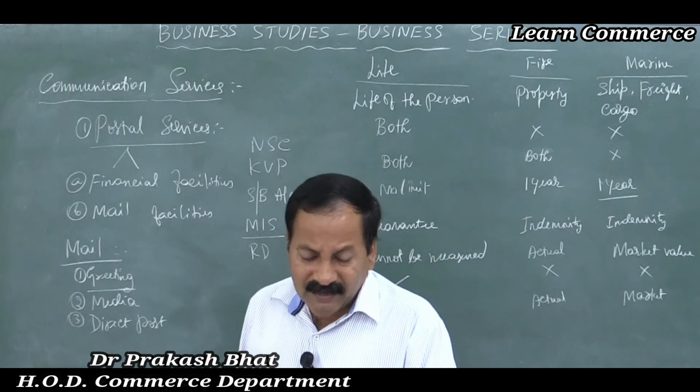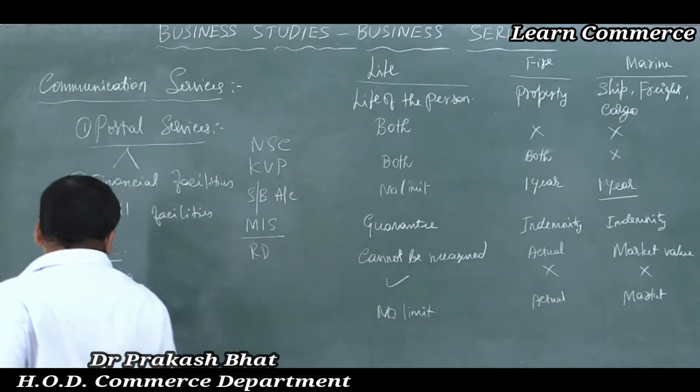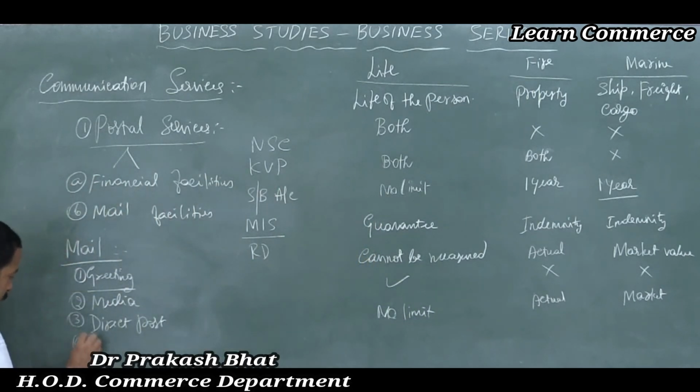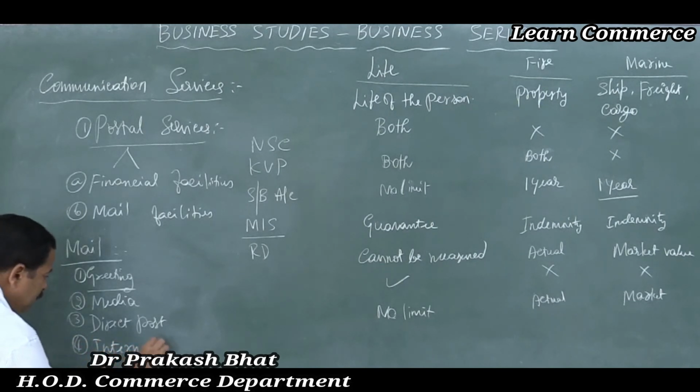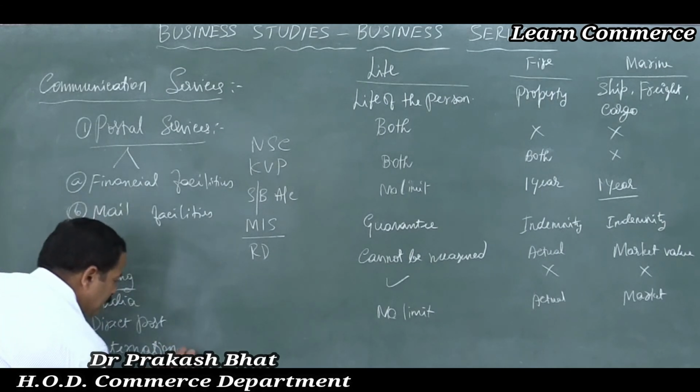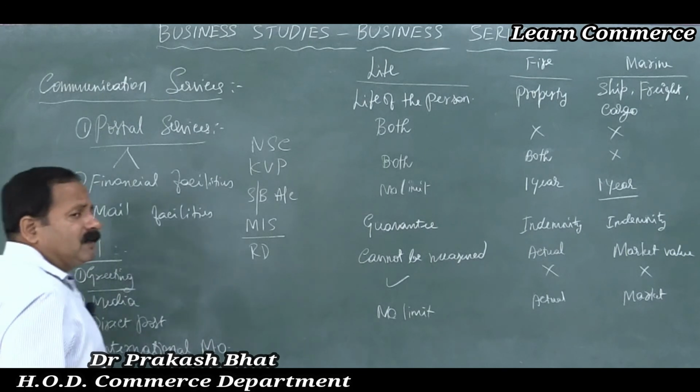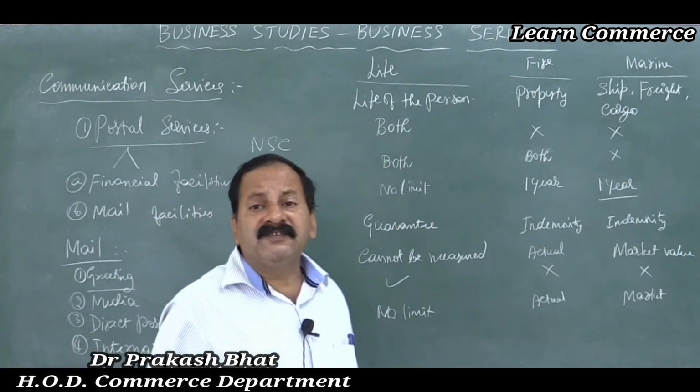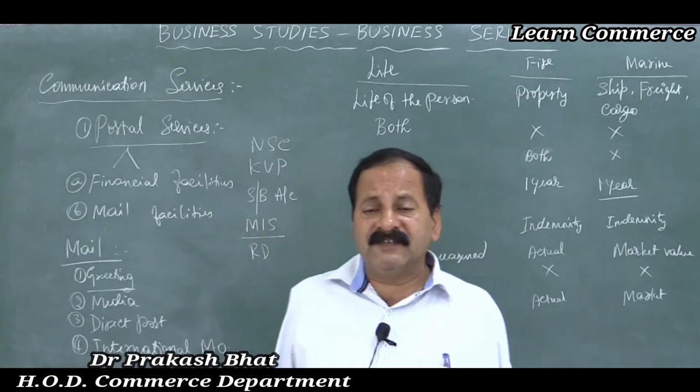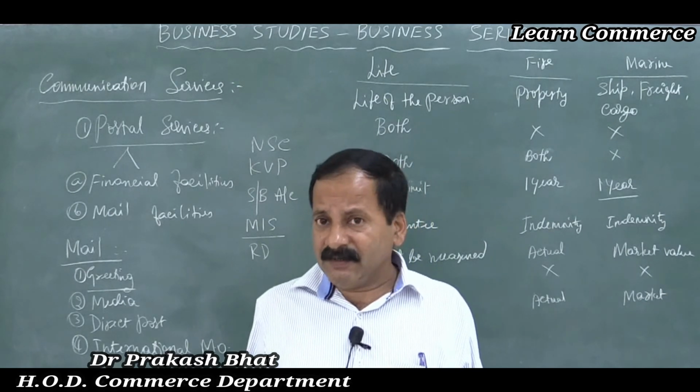Then international money order. International money order, that is sending money to different countries of the world, isn't it? International MO, money order, that is tying up with Western Union, you might have seen Western Union money transfer, isn't it?